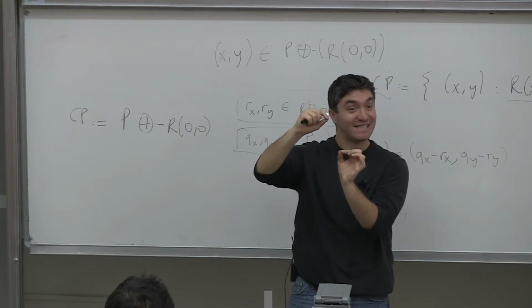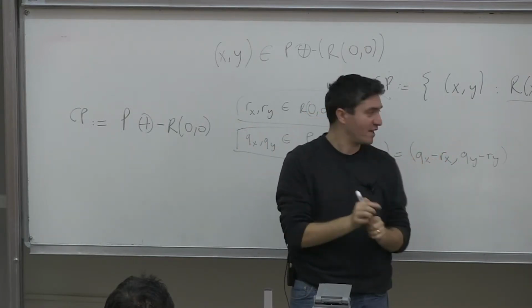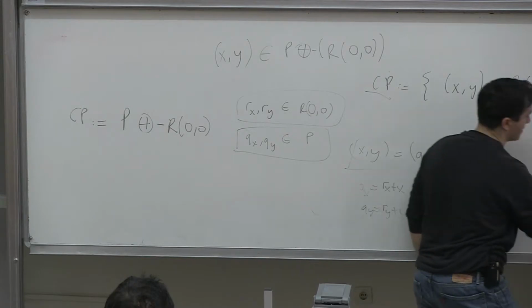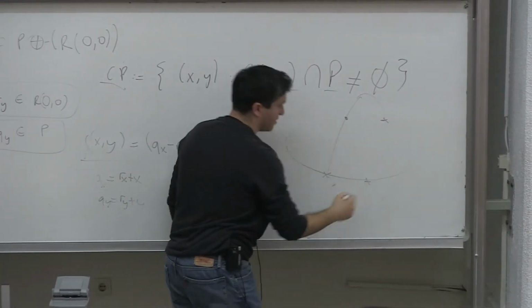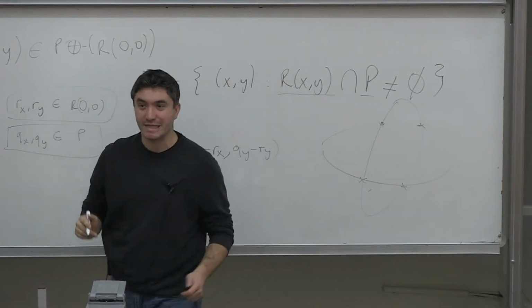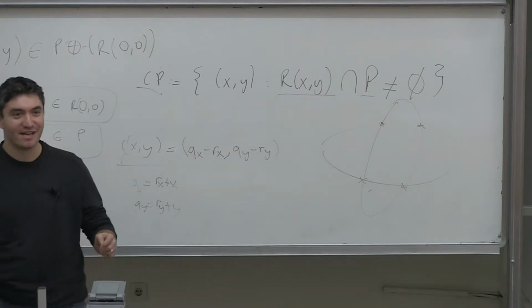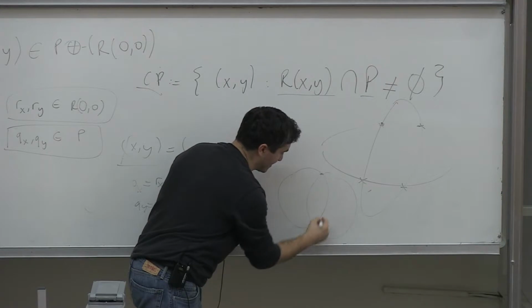Okay, a circle cannot intersect with another circle at 4 points, but two ellipses can. If you have two ellipses, for example, they can intersect at most 4 points. But if you take two circles, this is impossible. If you take two circles, they can intersect at 2 points.